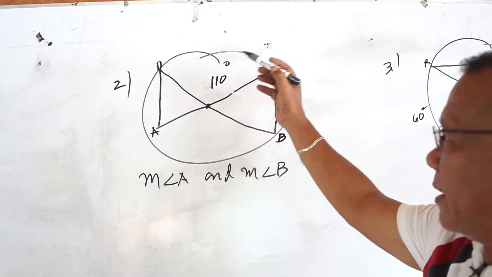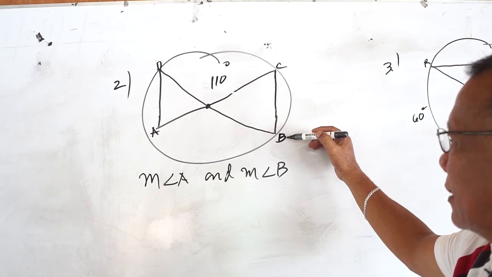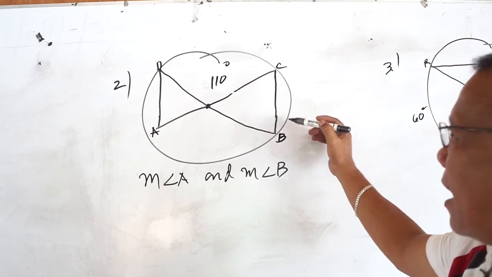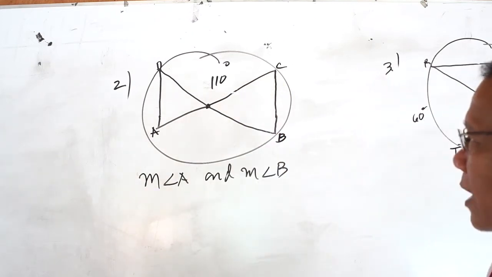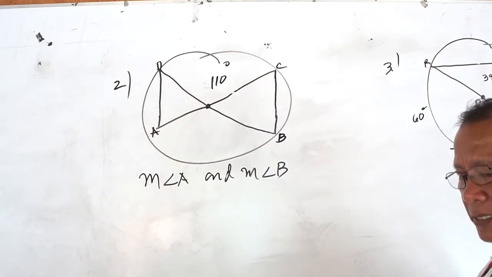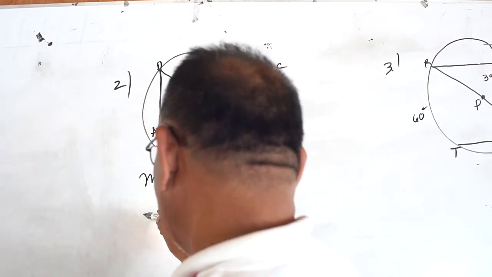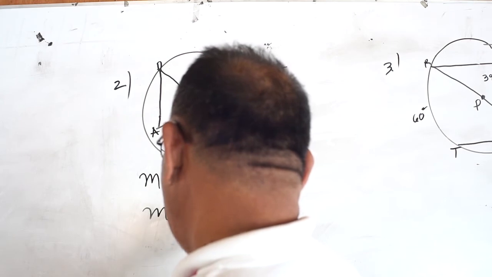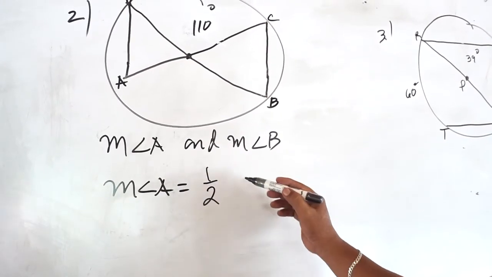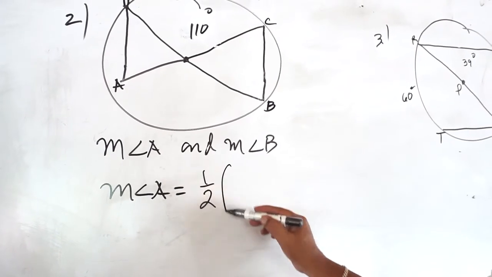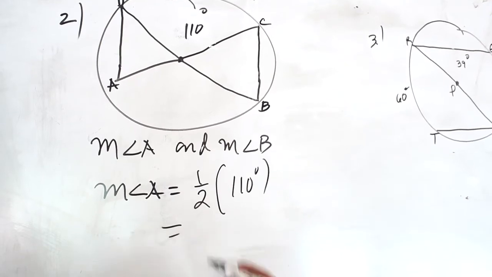So we have the figure with point D, point A, point C, and point B. Then arc DC is equal to 110 degrees. Let us now solve the measure of angle A: 1/2 multiplied by 110 degrees.